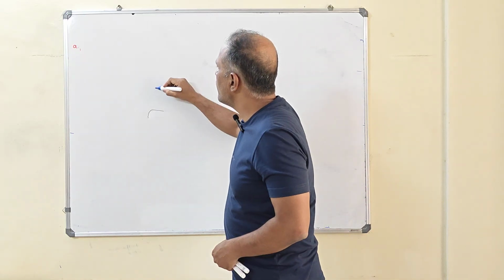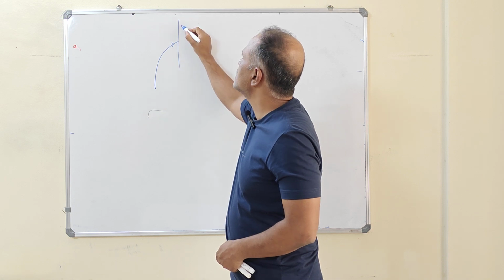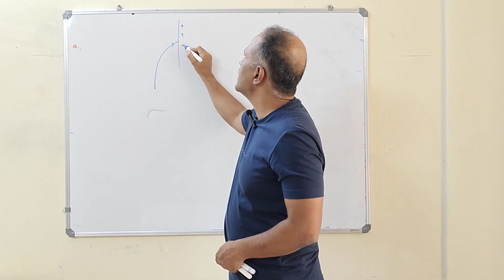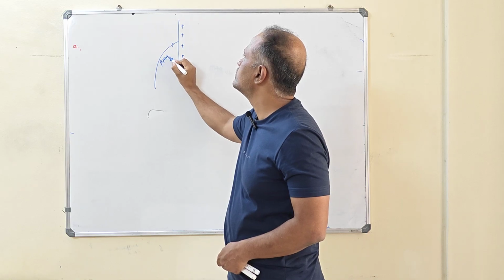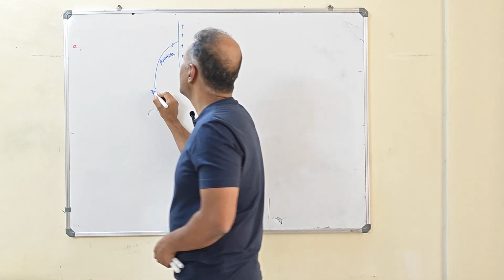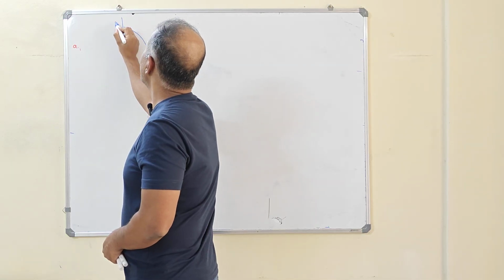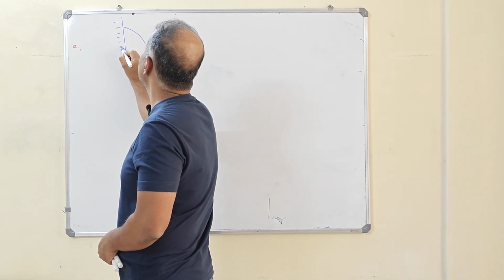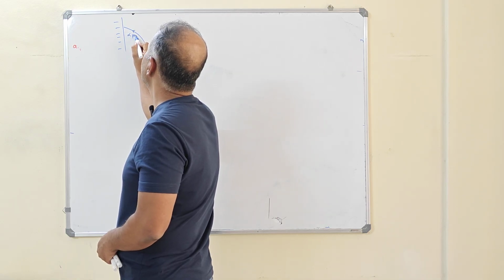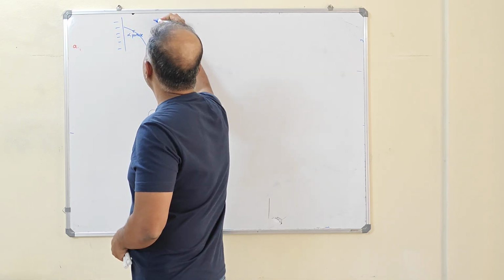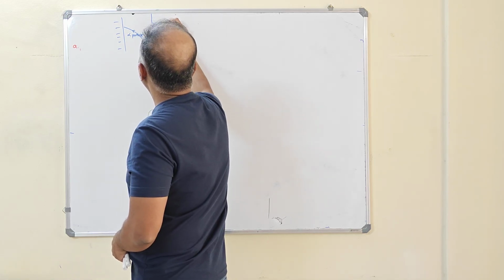The rays which are deflected towards the positive plate are the beta particles. Those which are attracted towards the negative plate are the alpha particles, and the undeflected ones are gamma rays.